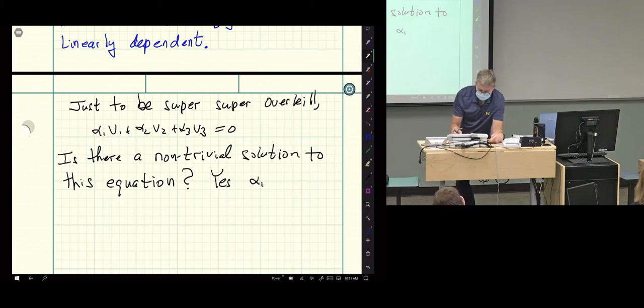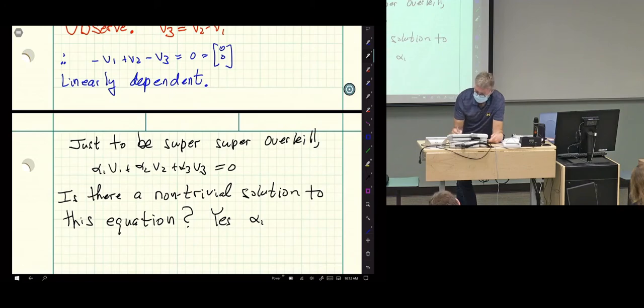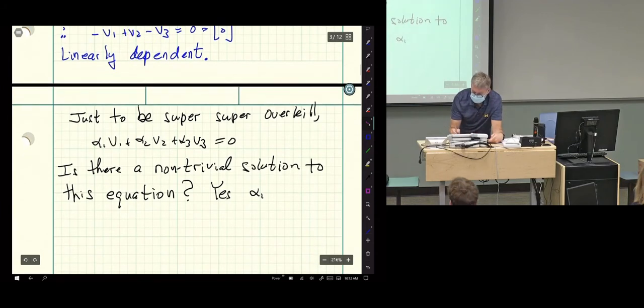Let's see if we can write down one solution. Here's alpha 1 equals minus 1, alpha 2 equals 1, alpha 3 equals minus 1. So there's a solution that's non-trivial.